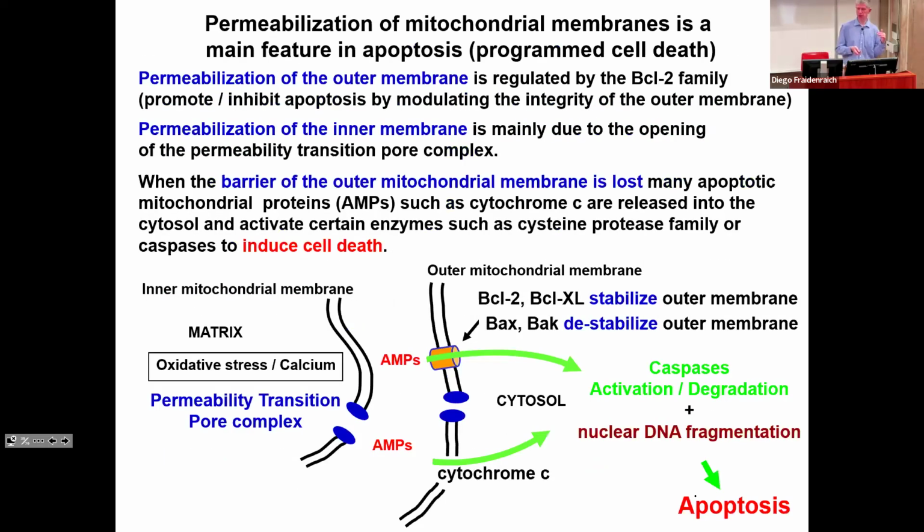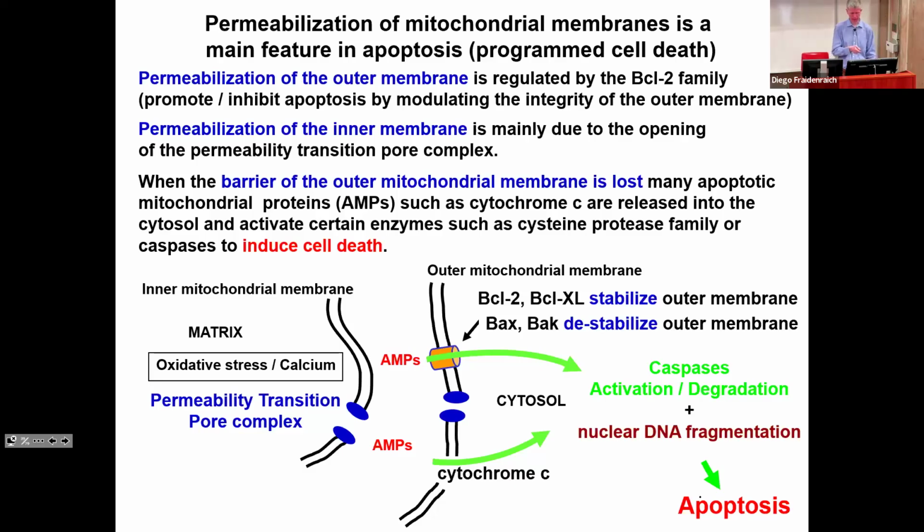An important feature in programmed cell death is the rupture of mitochondrial membranes. It's called permeabilization of the outer or inner membrane, and that affects or causes the release of proteins to an environment where they shouldn't be.